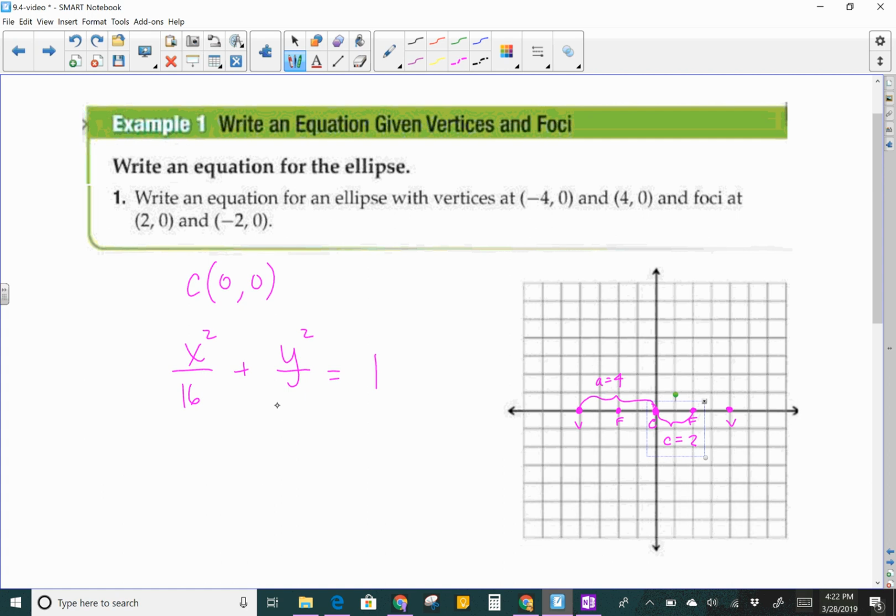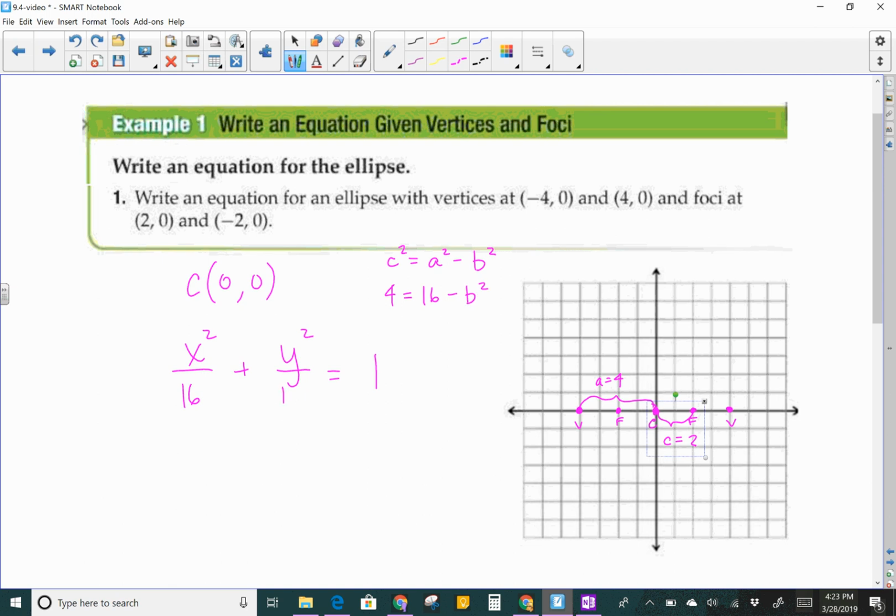I have to go find this number here, which is b. So I come up to c squared equals a squared minus b squared. And what does c squared equal? That's 4. That right there is my a squared. So what is b squared?